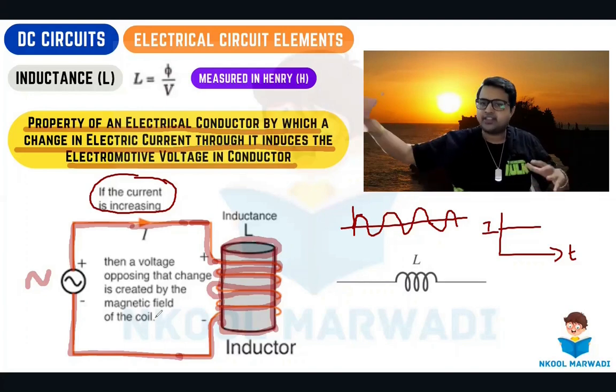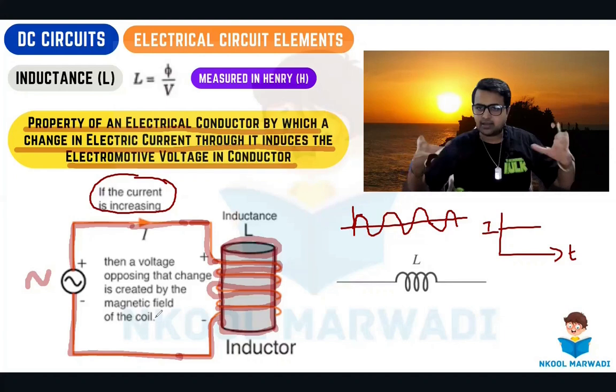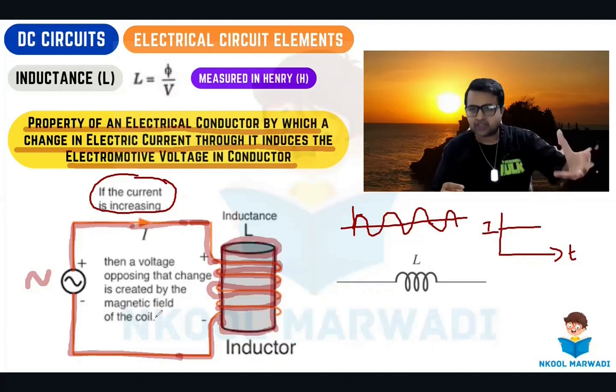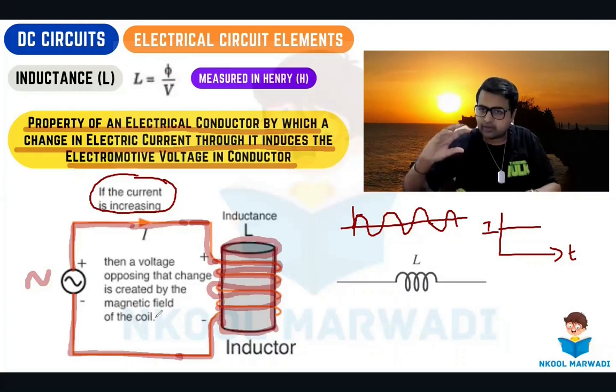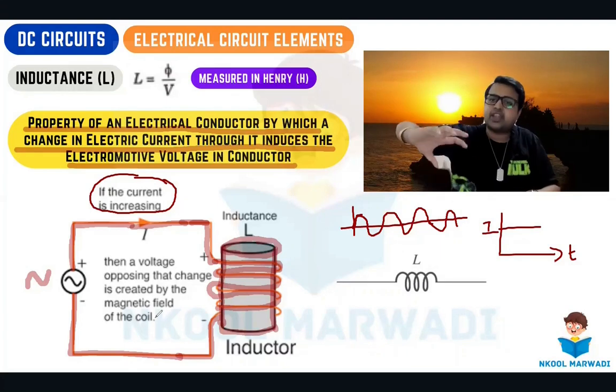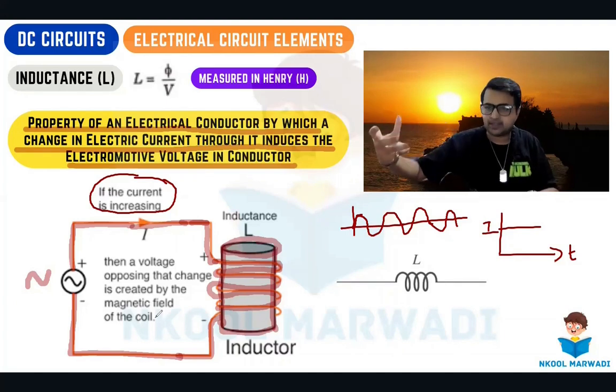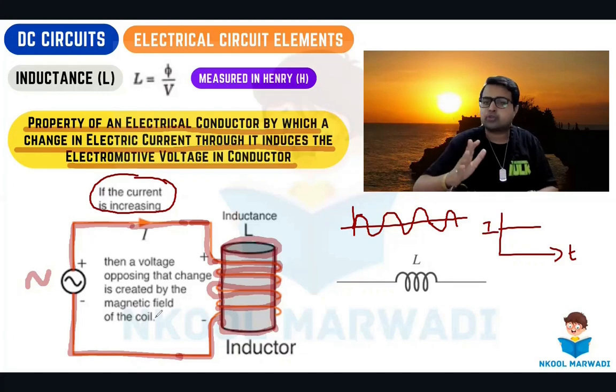Just like inertia in mechanics opposes the change of state of motion, in electrical circuits we have inductance, which opposes the change of state of current. If current tries to increase its value, inductance will oppose it. And if the current tries to decrease its value, inductance will oppose it.